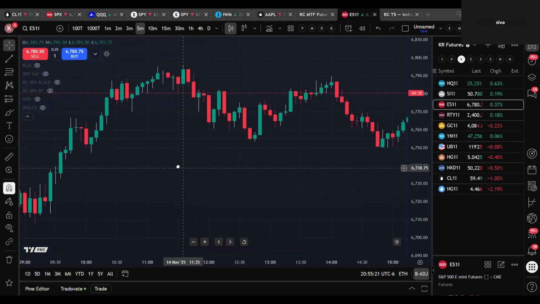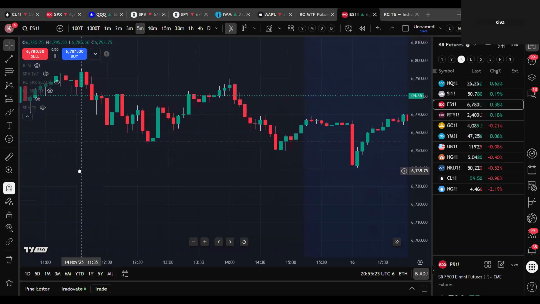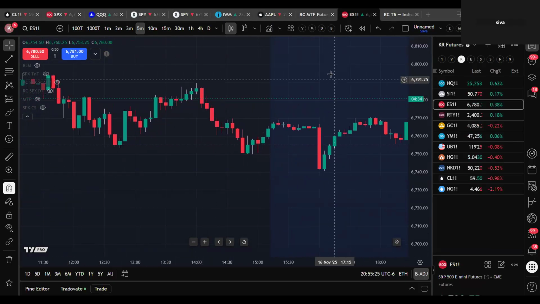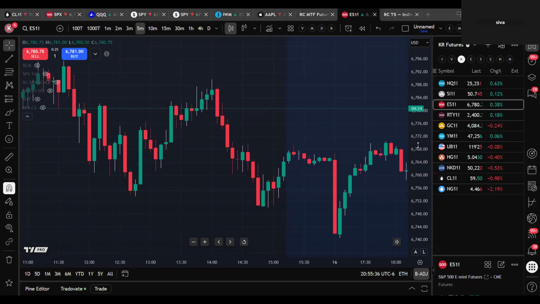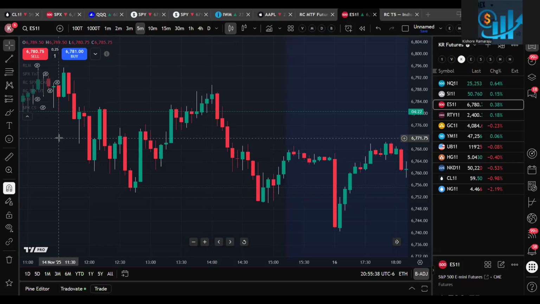Yeah, sure, please go ahead. For the SPX CS on 13th November, it is telling up, right? Whenever there is a huge gap up or gap down in SPX, it is better we don't use the SPXCS indicator.